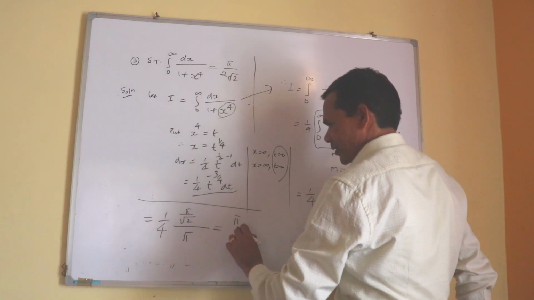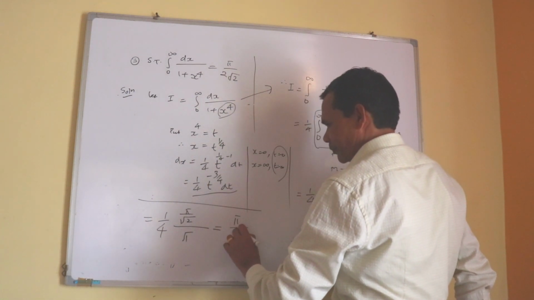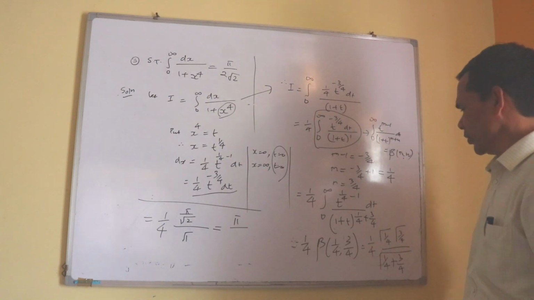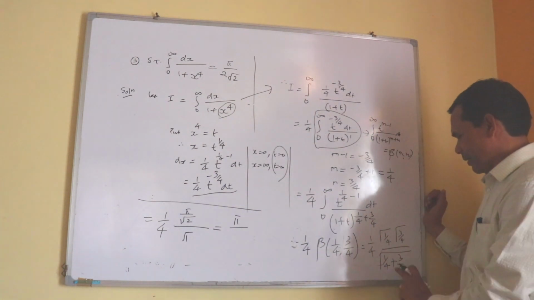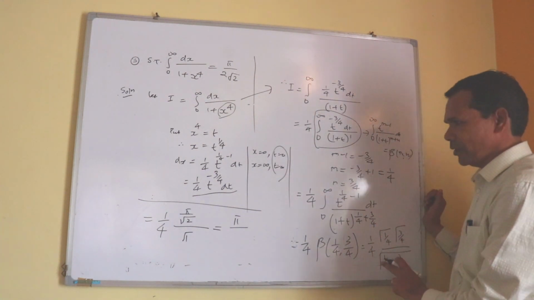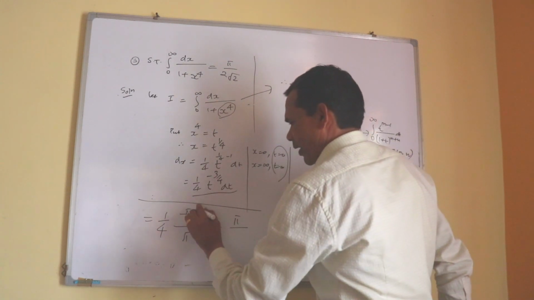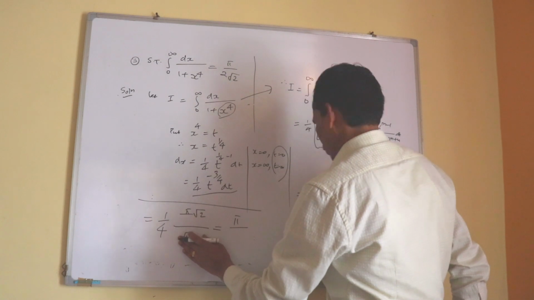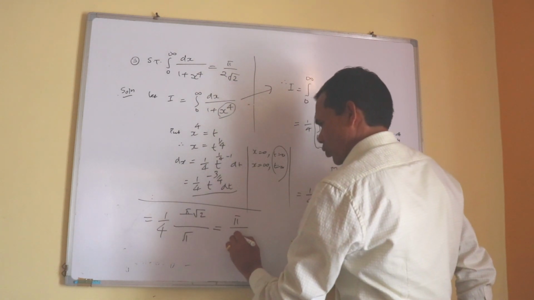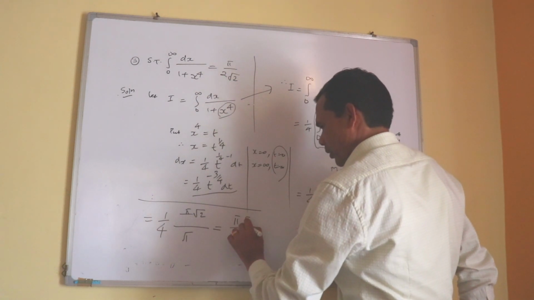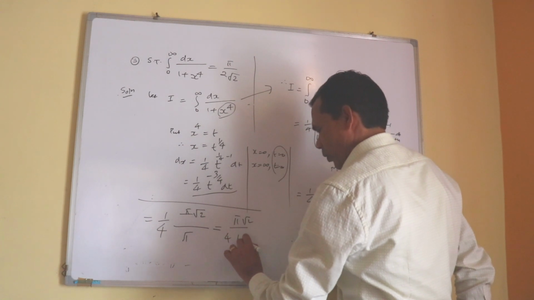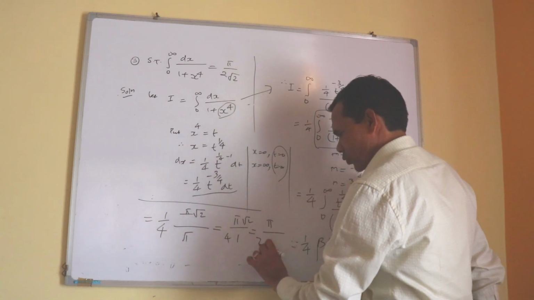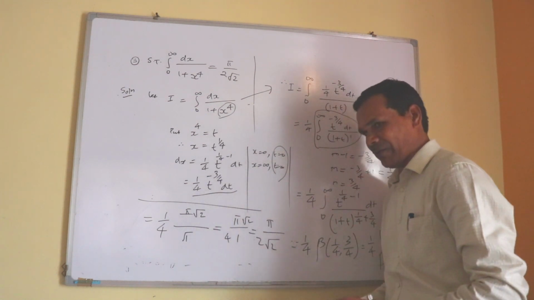So you are getting gamma 1 by 4 times pi root 2, upon 1, so pi root 2 upon 4 into 1, so this is pi upon 2 root 2, and that's what the RHS is required.